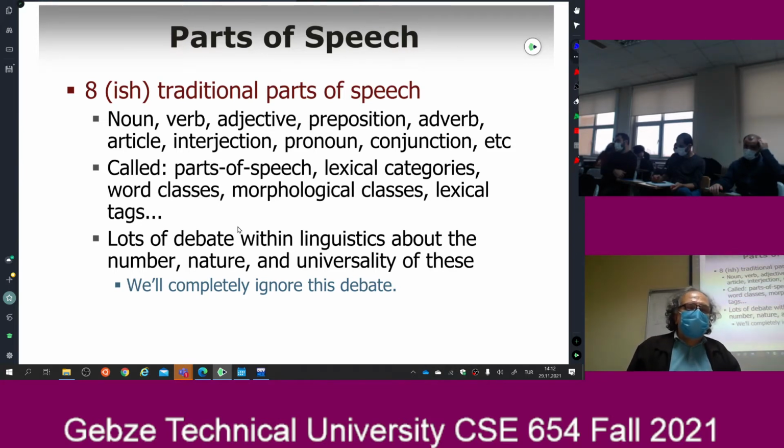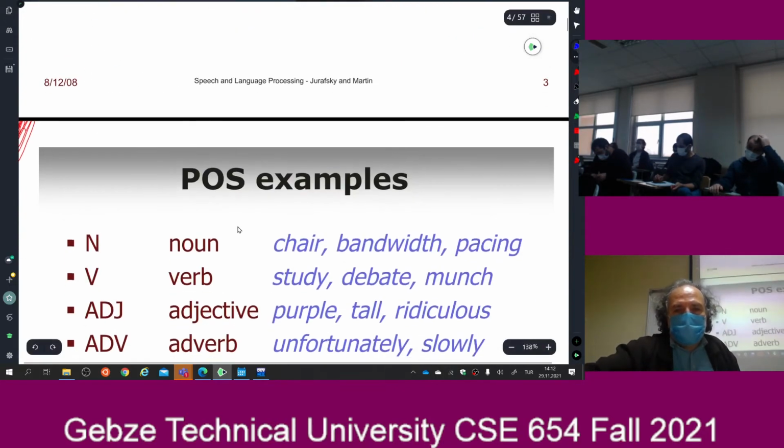So we say that this is the verb, the main verb of the sentence, okay? And these are the nouns, and these are the prepositions, adverbs and pronouns, etc.